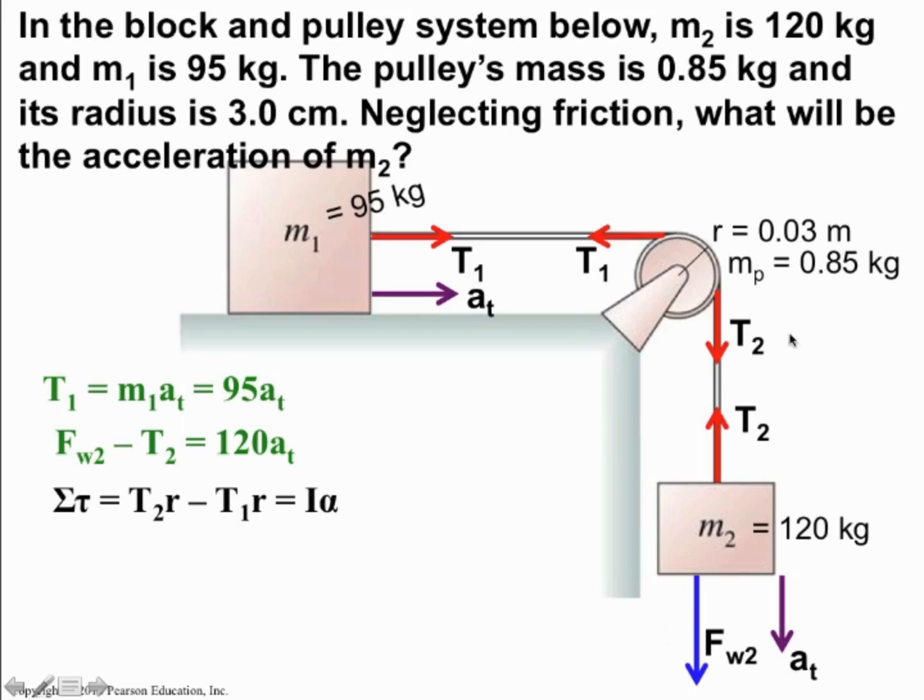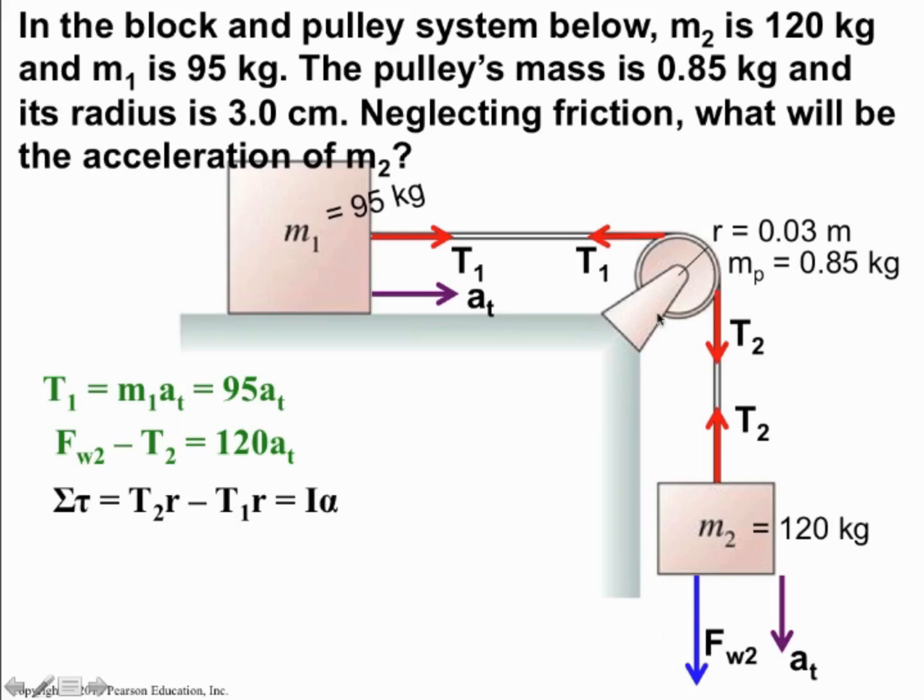If T1 were equal to T2, then the pulley wouldn't go anywhere. Now you might ask, but T was equal to T when we didn't take into account rotational inertia. That's true, but since we are now taking into account rotational inertia, and we do have torques to account for, the only logical way to set up the equation is to consider the T2 R torque as greater than the T1 R torque, because if it weren't, the motion would go the other way.